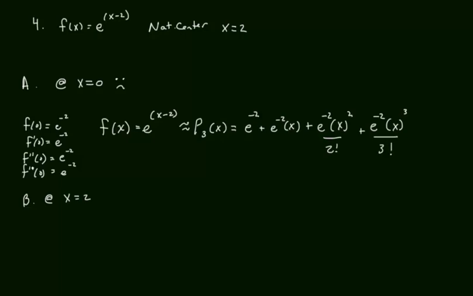And B says give me a power series for e to the x minus 2 centered at 2. Happy face, natural center is 2, so I just need to substitute into e to the x.